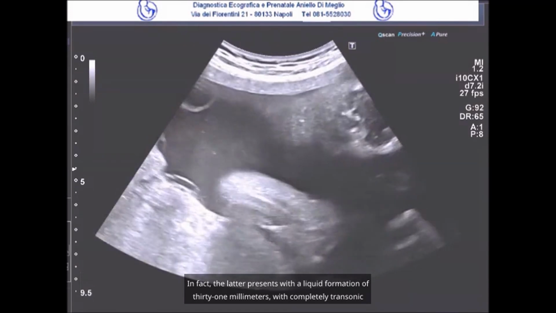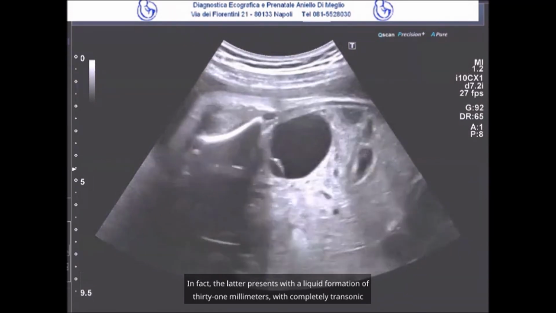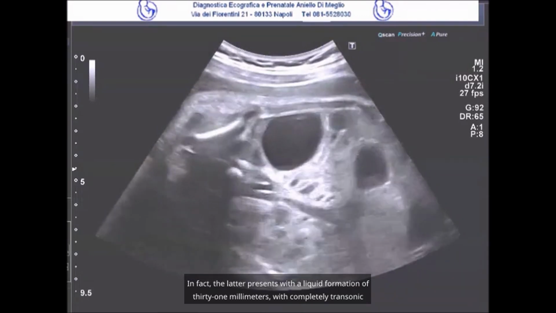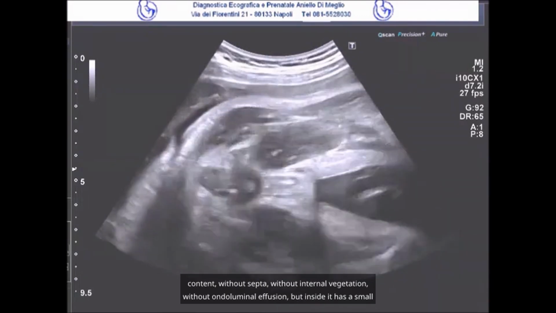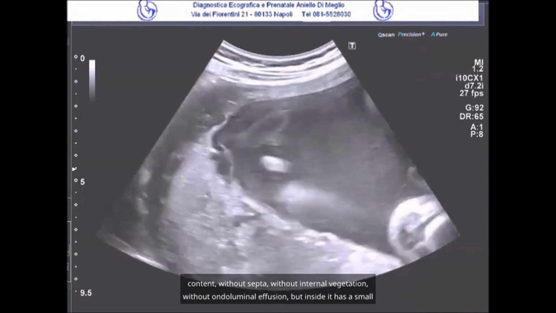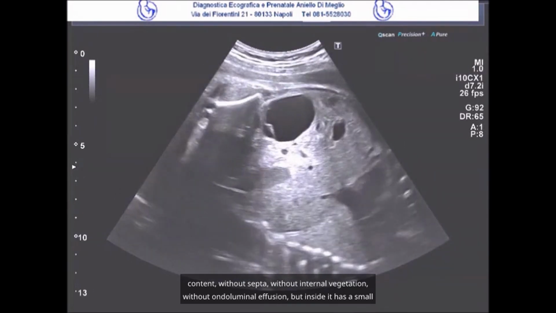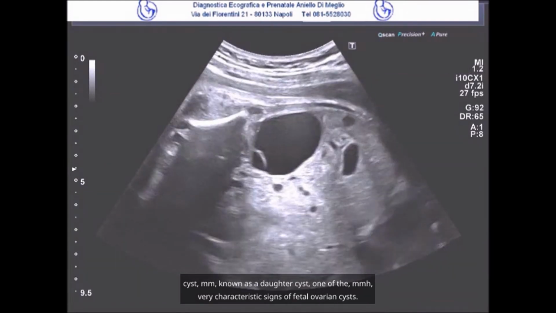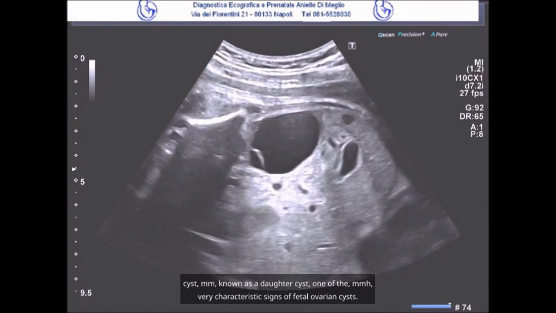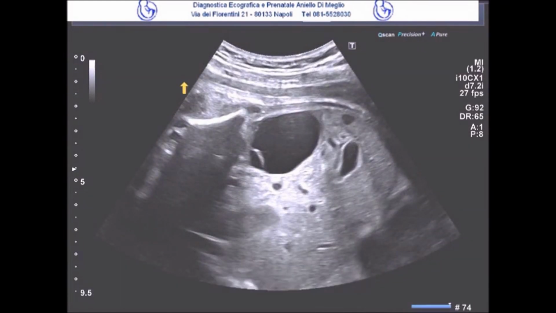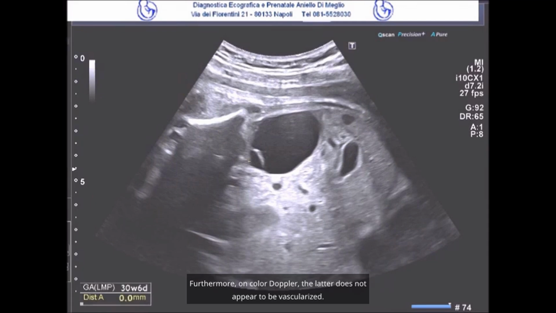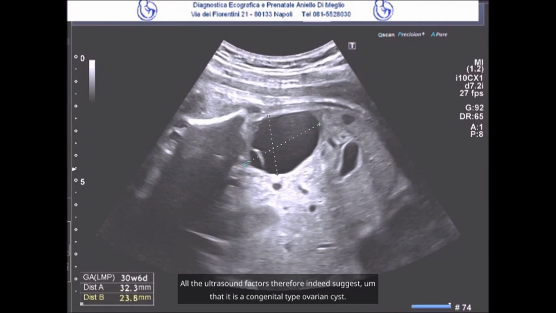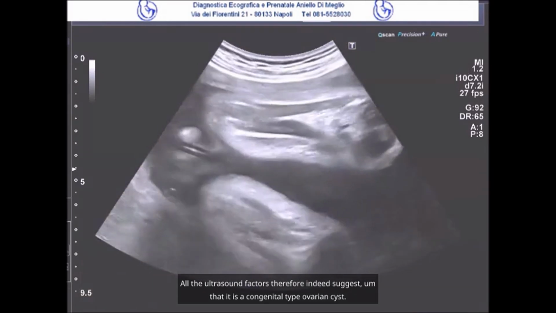In fact, the latter presents with a liquid formation of 31 millimeters with completely transonic content, without septa, without internal vegetation, without endoluminal effusion, but inside it has a small cyst, known as a daughter cyst, one of the very characteristic signs of fetal ovarian cysts. Furthermore, on color Doppler, the latter does not appear to be vascularized. All the ultrasound factors, therefore, indeed suggest that it is a congenital type ovarian cyst.